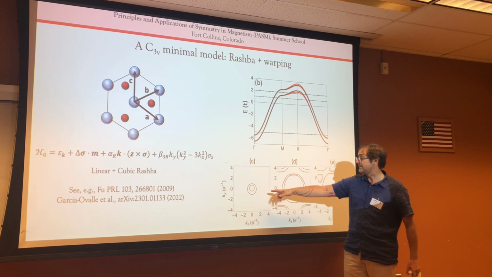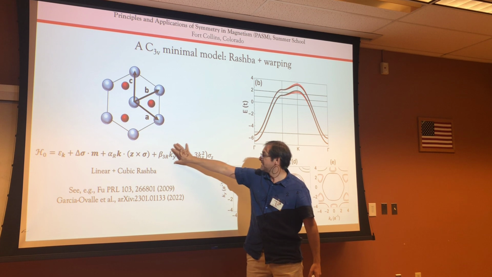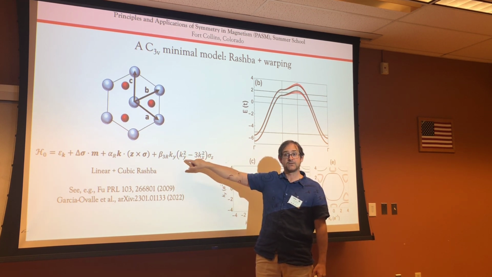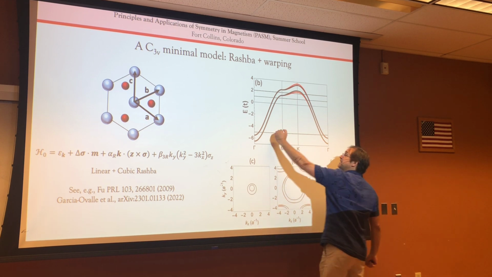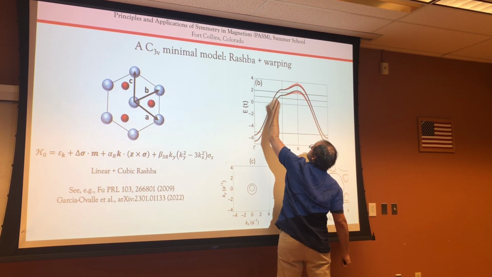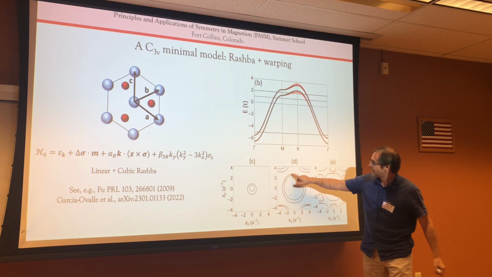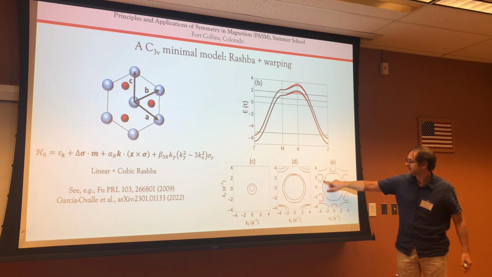So basically, if you calculate, this one does not do anything because it's cubic, so it's much, much smaller. And then when you increase the Fermi level, especially in this region here, you start having some very progressive warping.